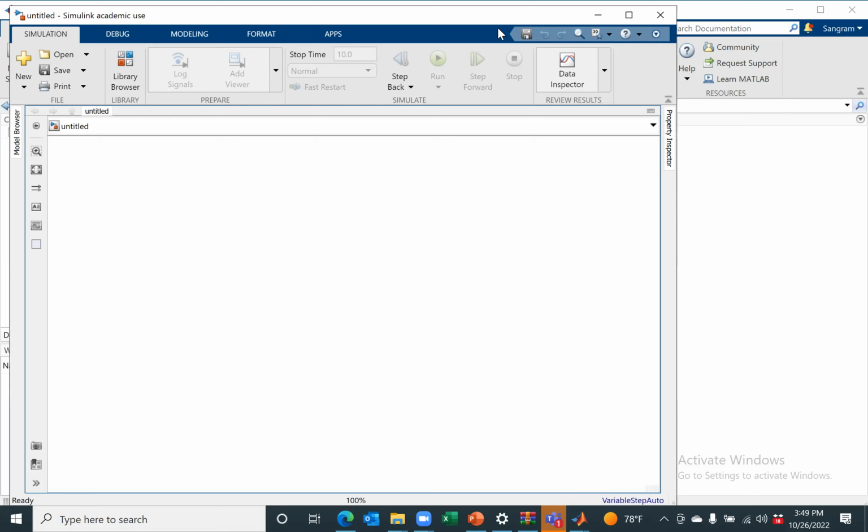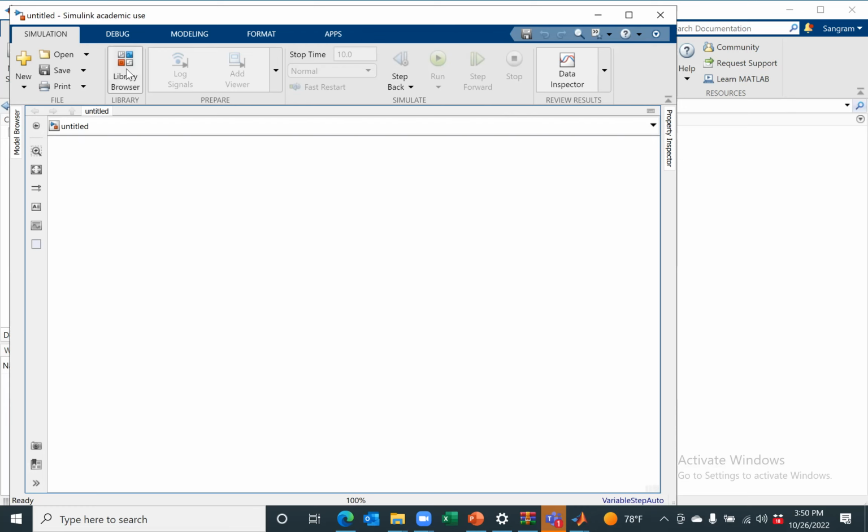And this transfer function would have some input, which is u of t or u of s, and an output, which is x of s or x of t. So this would be u of t, and this would be x of t.